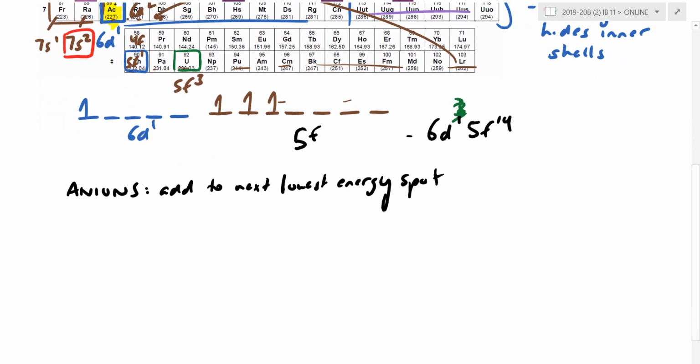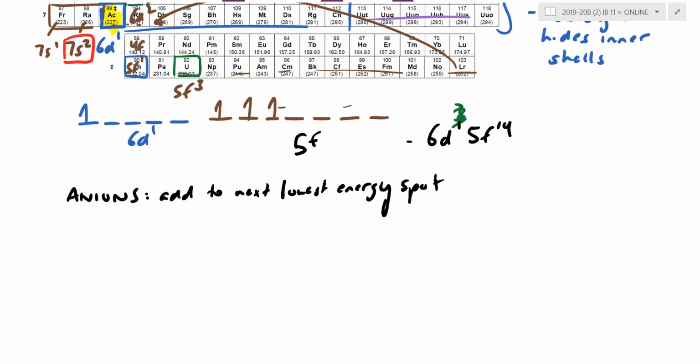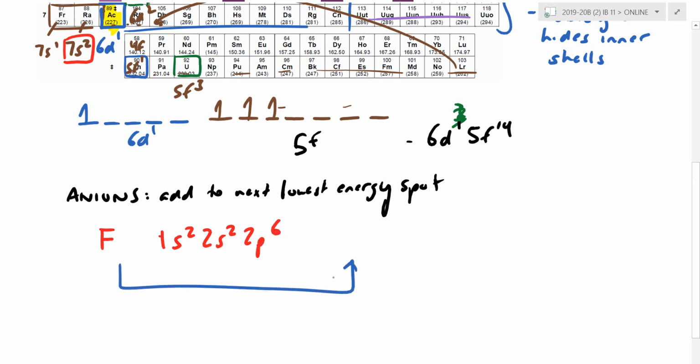So let's do another quick example here. Say we did fluorine. Fluorine has electron configuration 1s2, 2s2, 2p5. That's unstable. Fluorine is going to gain 1 electron, so it's going to be plus 1 electron. When it gains an electron, it becomes F minus. Sorry, skipping ahead of myself here.